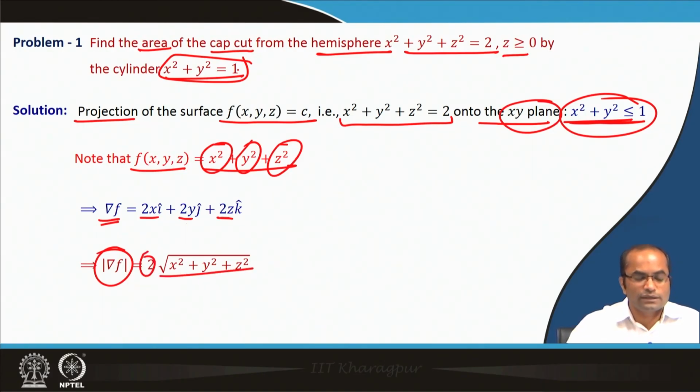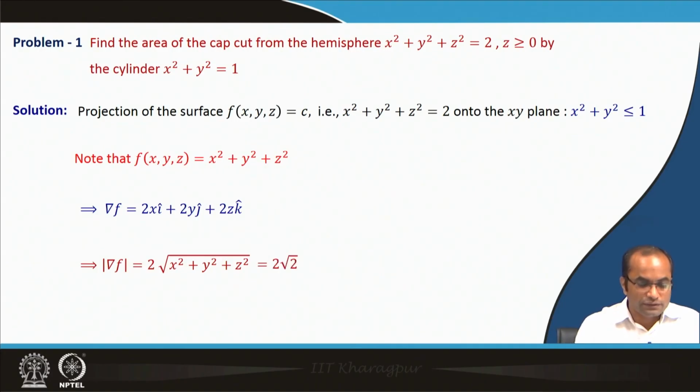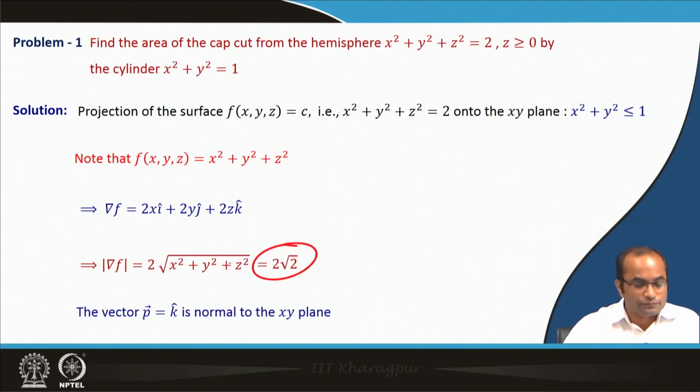Then we have the square root of x square plus y square plus z square, and the value from the surface is that x square plus y square plus z square is 2. So, this is nothing but 2 square root 2. The vector p is in the direction normal to the x y plane, and we know that k is the vector normal to the x y plane.